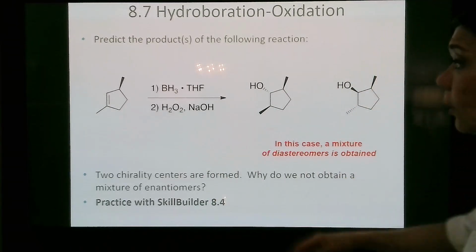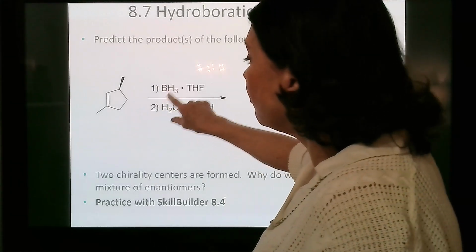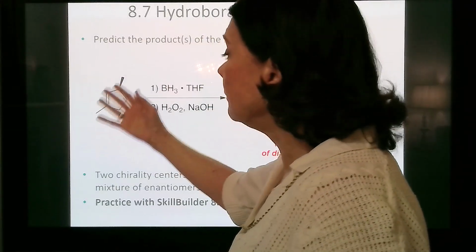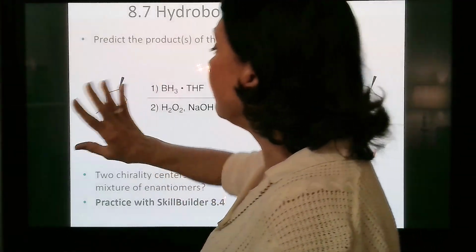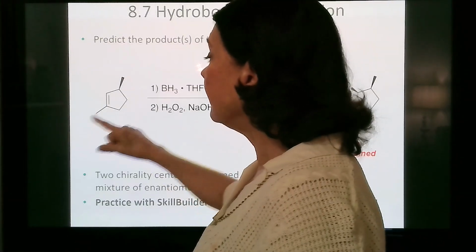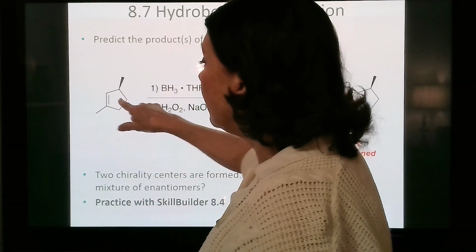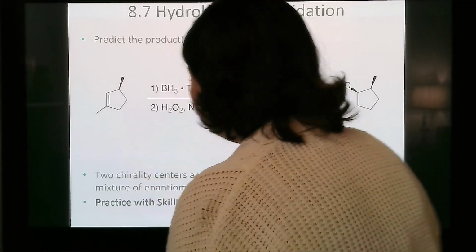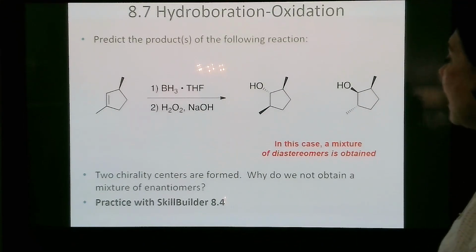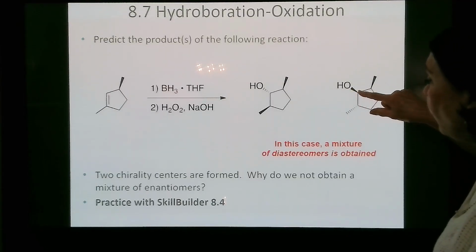So with this methyl group sticking out, your hydroboration can occur from the front or from the back. So if it occurs from the front, boron is going to have to form here, and it's going to bump into this methyl. And then the boron will be replaced with oxygen.